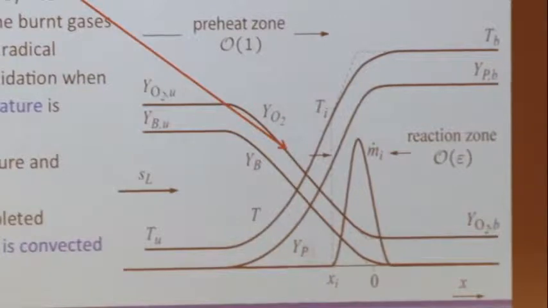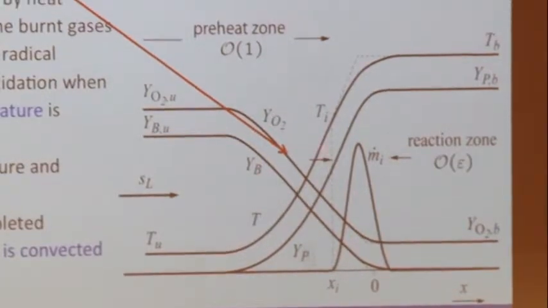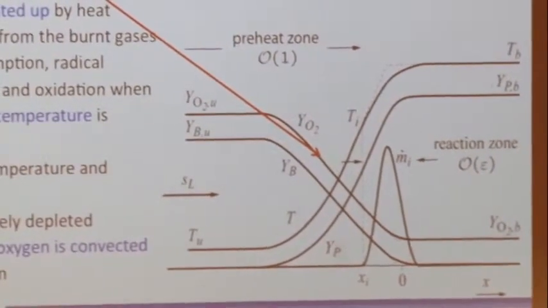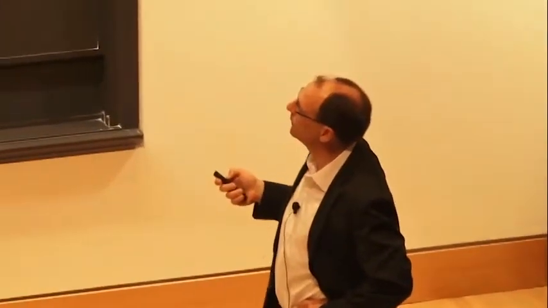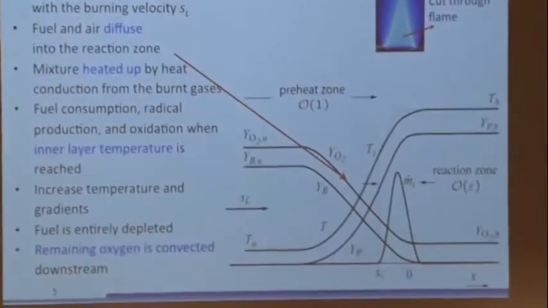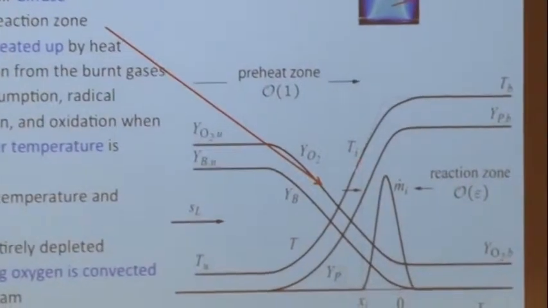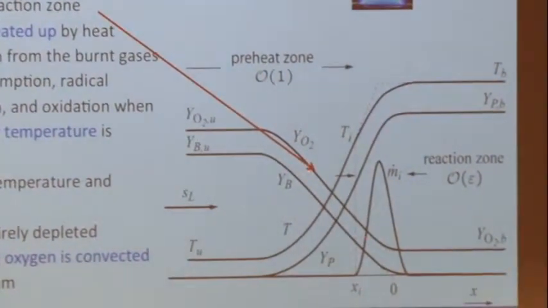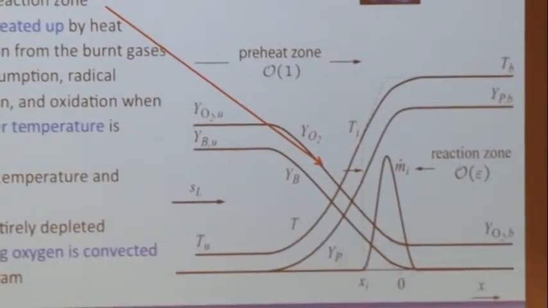For multi-step chemical kinetics, we'll see later on, there's a very, very distinct temperature where things start happening, or you get extinction if you're lower than that temperature. So we'll talk about this later on when we talk about flame structure. Okay, so that's what's happening.